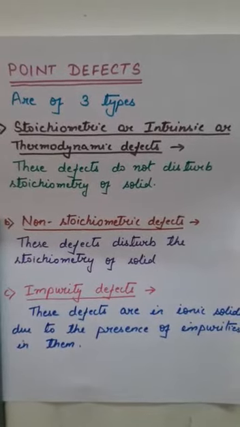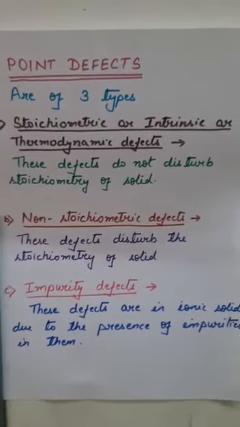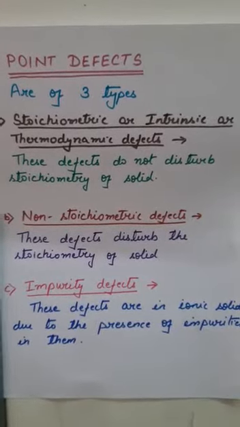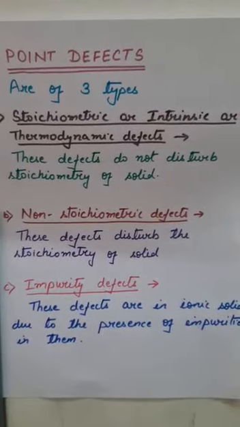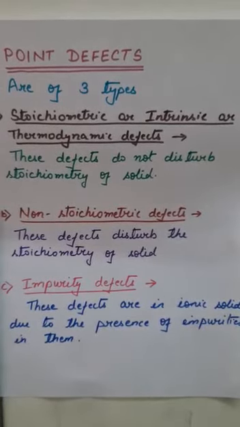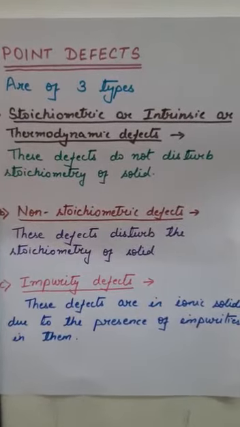The formula of the compound remains same even after this defect. Second, non-stoichiometric defect. This defect disturbs the stoichiometry of the solid. The ratio of anion and cation can be disturbed after this defect. And the third one is impurity defect. This defect is due to presence of impurities in them.